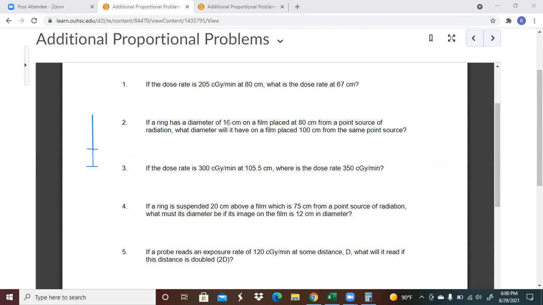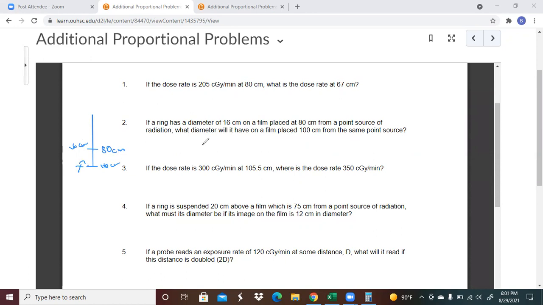A ring has a diameter of 16 cm on a film placed at 80. So let me get back to the freehand drawing here. We've got 80 cm away, and the diameter here is 16 centimeters. Now, we're going to place a film that's 100 cm away.